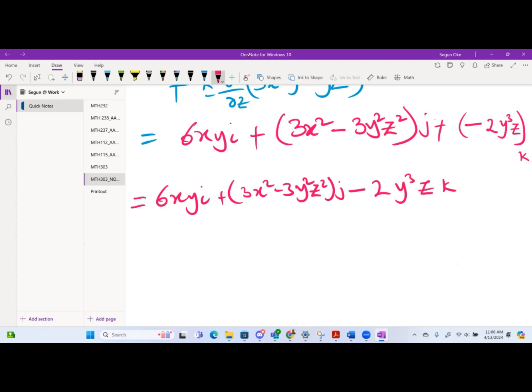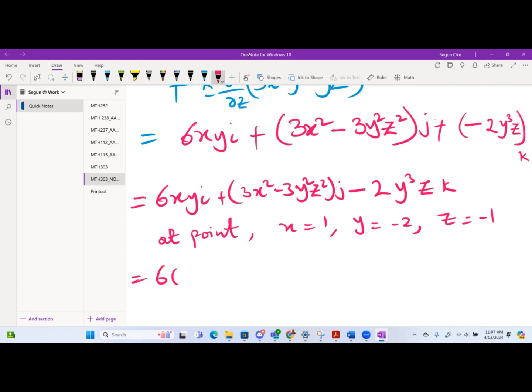Okay, remember we are given the point x equals 1, y equals -2, z equals -1. So substitute it here.